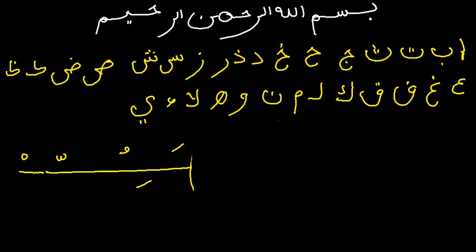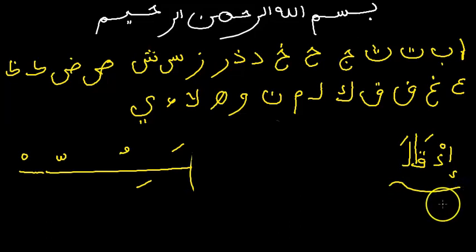This is dhalun, and at this point it doesn't have fatha, kisra, or dhamma. If it doesn't have any of these, we indicate that with sukun. This is going to be idh qala: qafun bi fatha qa, lamun bi fatha la.